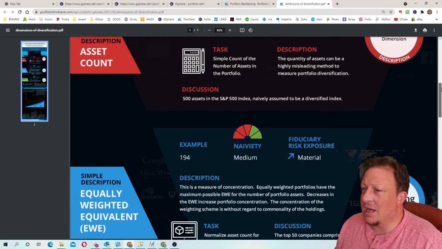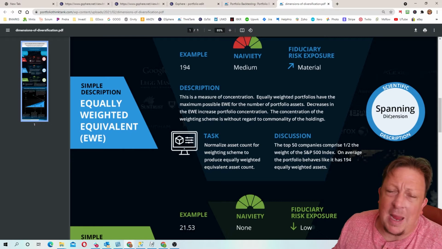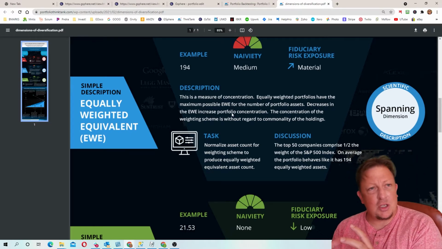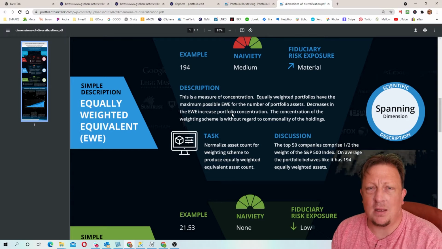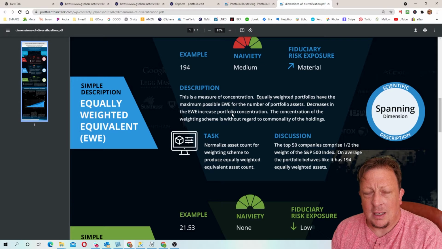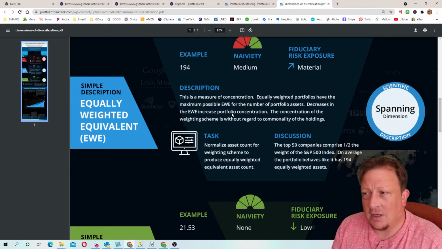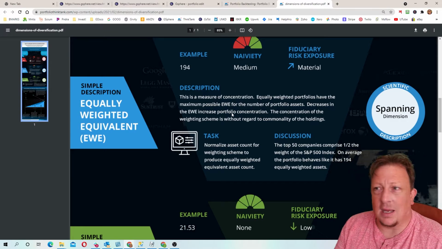So the next level down, when we go from asset count, is what's called a spanning dimension. And at this level, we've basically just normalized the portfolio to account for the weighting of those 500 assets. Most stock market indices, including the S&P 500, are what's called market cap weighted indices.